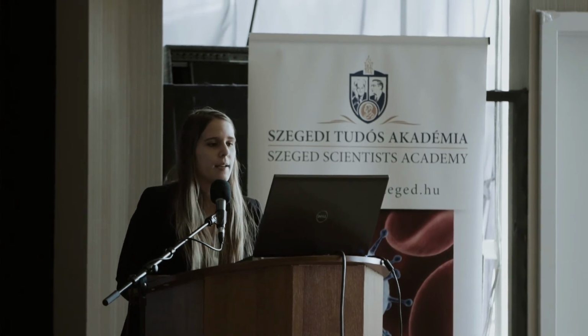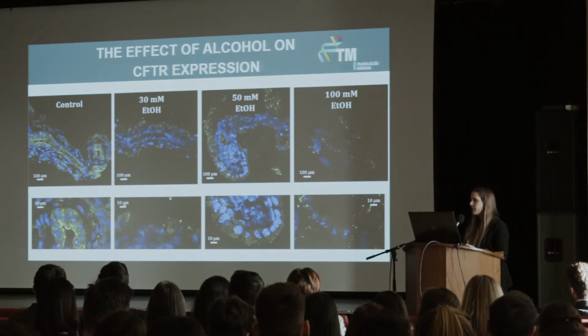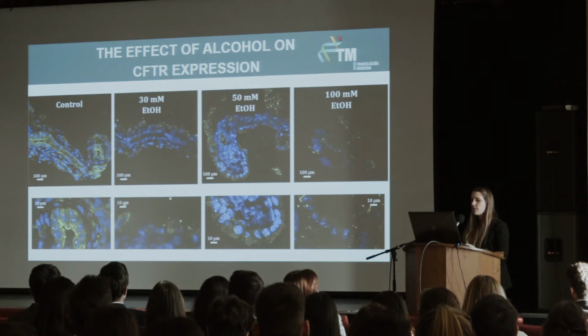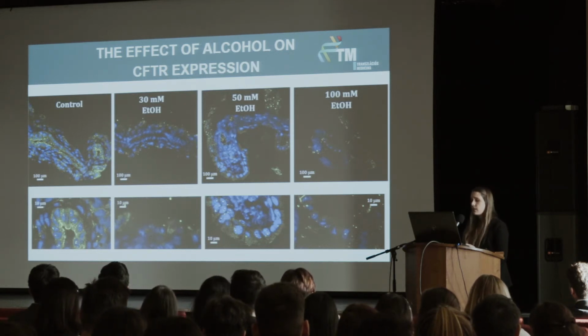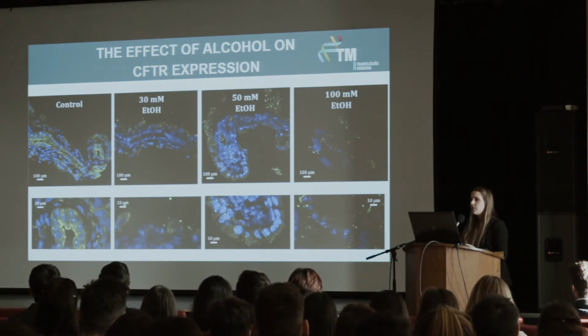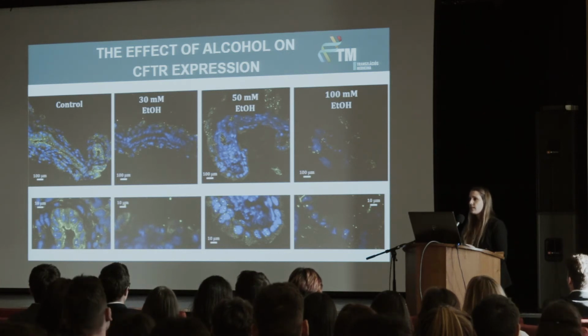At first, we would like to map the effect of alcohol on the CFTR expression. On the control ones, you can see a nice CFTR staining in green on the apical membrane of the ductal epithelial cells, which means that these pancreatic ductal cells are polarized cells. They have an apical and a basolateral membrane, and the CFTR is always expressed on the apical membrane.